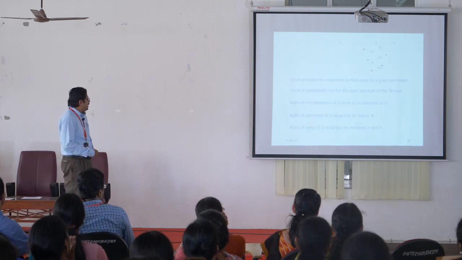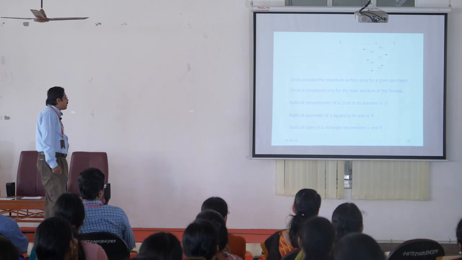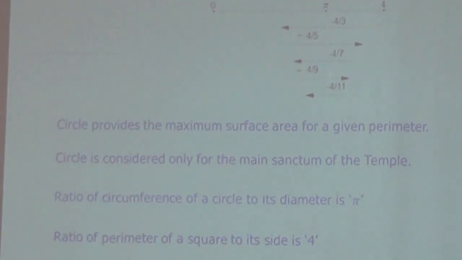So let us see if any logic is present in this. Let us consider a circle which provides a maximum surface area for a given perimeter, and circle is considered only for the main sanctum of the temple, and the ratio of the circumference of a circle to its diameter is pi. Similarly, the ratio of perimeter of a square to its side is 4.